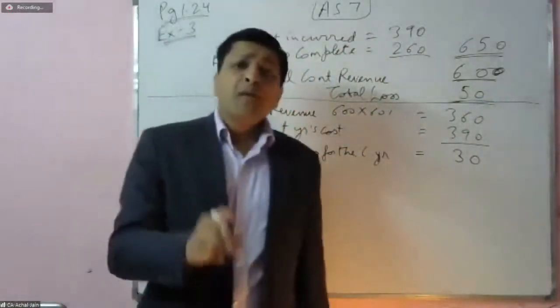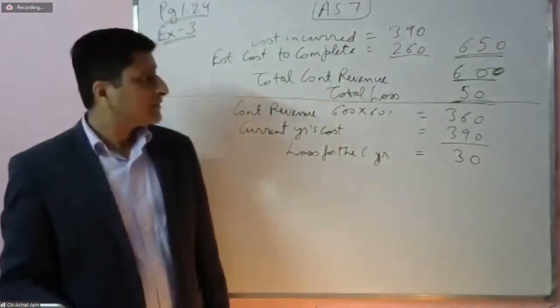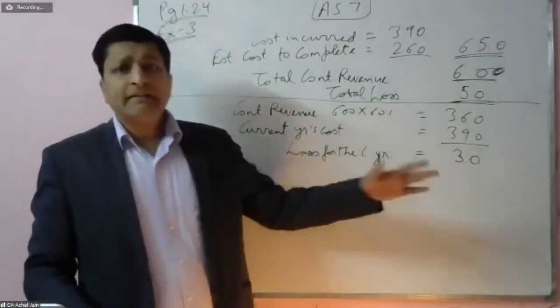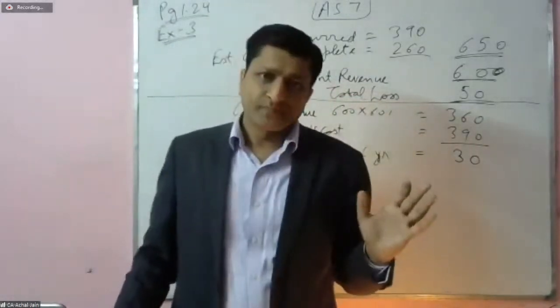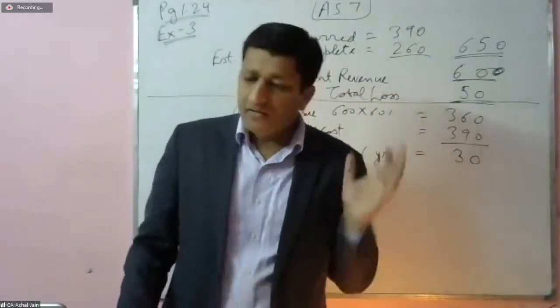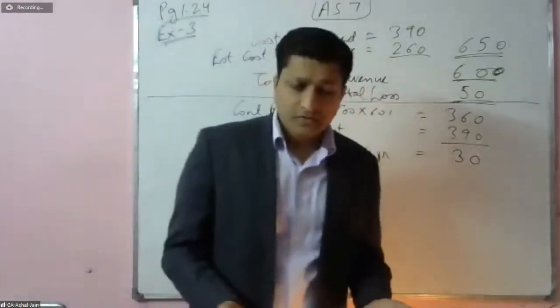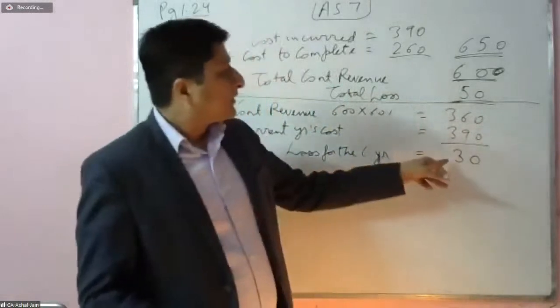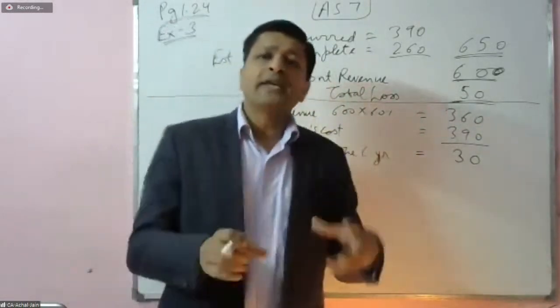So if we go by percentage of completion method, what do you see? That in the current year, a loss of rupees 30 has got booked. On the basis of percentage of completion method, which we follow, what do we find? Rupees 30 as loss has got booked in the current year.